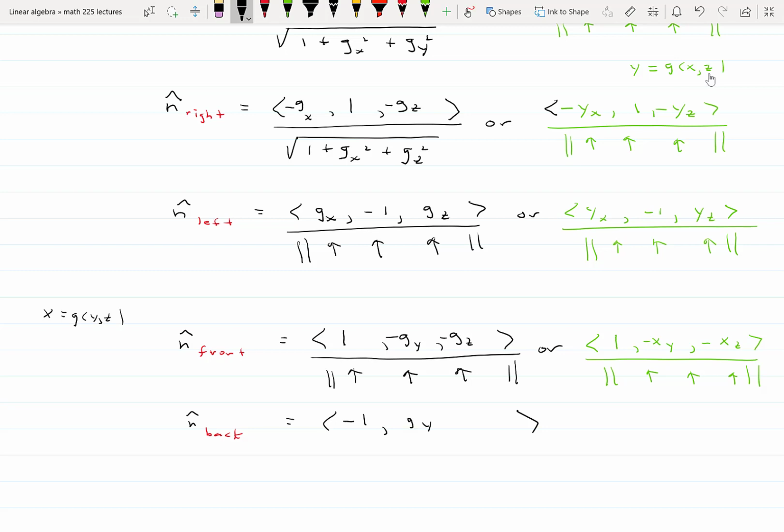Then positive g sub y, positive g sub z, divide by the length of the vector above. Or, in simplified notation, negative 1, then the derivatives should be positive x sub y, x sub z, divided by the length of the vector above.